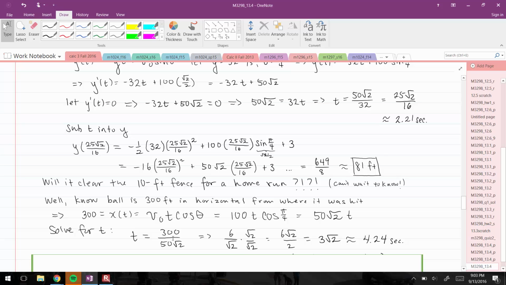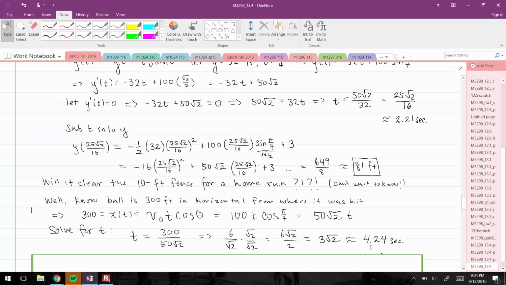So at 300 in the x, we can solve for t, plug in the initial velocity and the pi over 4 to boil that down. If we simplify a bit, we can get it all the way down to 3 times the square root of 2, or approximately 4.24 seconds.